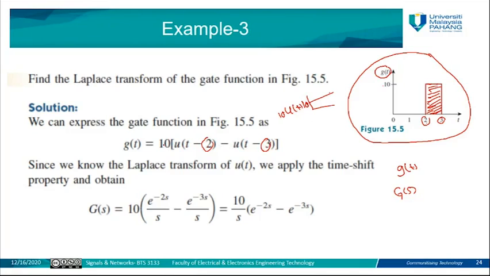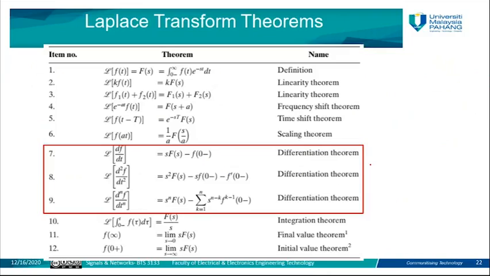After that, now that we have this function, we need to apply some Laplace transform properties in order to find the value of the Laplace transform for these functions. So what is the property that we need to apply here? We can apply the time shift property. For time shifting, we say the Laplace transform of f(t minus T) is equal to exponential negative sT times F(s).